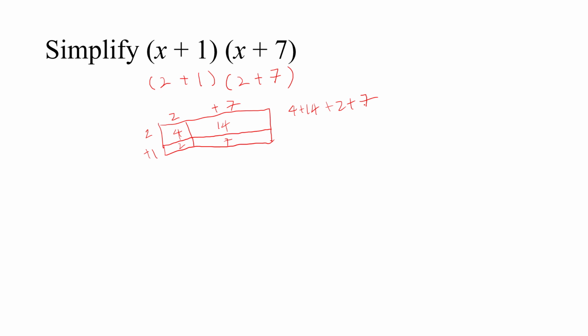So method 1 will be something similar to this, or rather it's totally the same as this. The only difference is here I'm using 4 numbers, while here I have x squared, 1x here and 1x here, and 2 constants, 2 numbers, 1 and 7. So how do I translate the algebraic expression into the block method? Okay, so method 1, the block method.